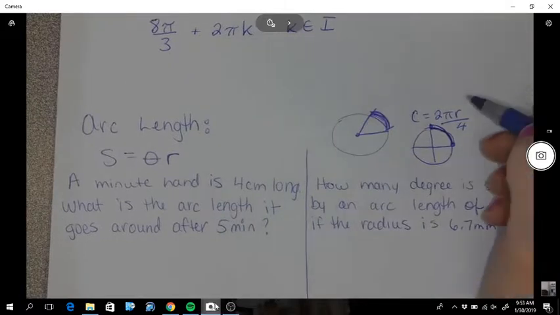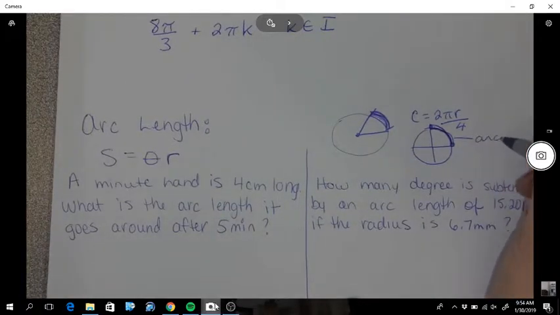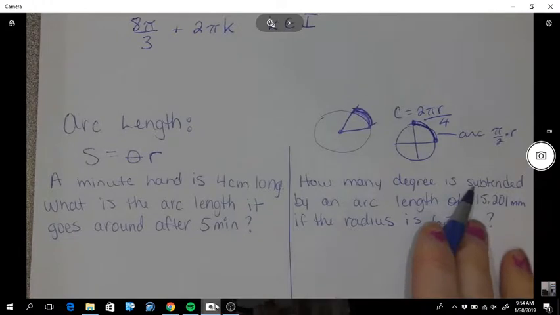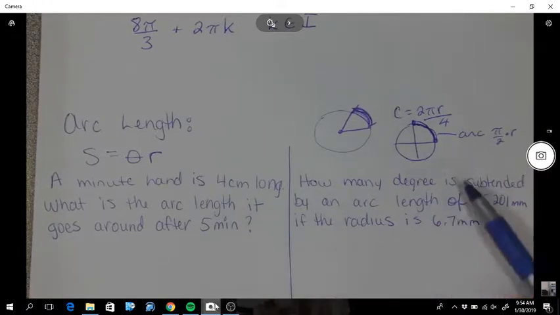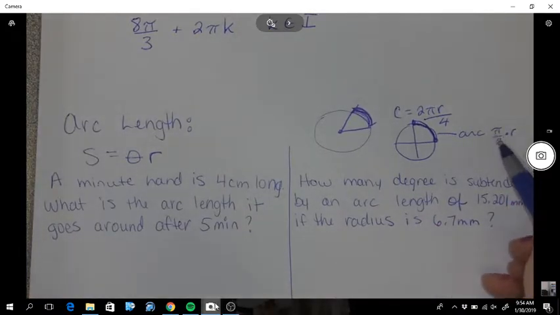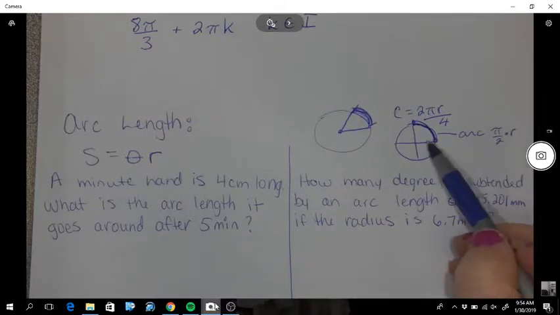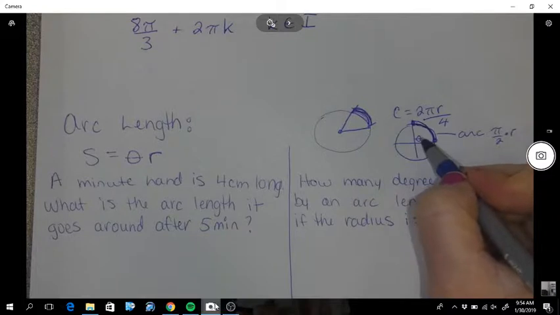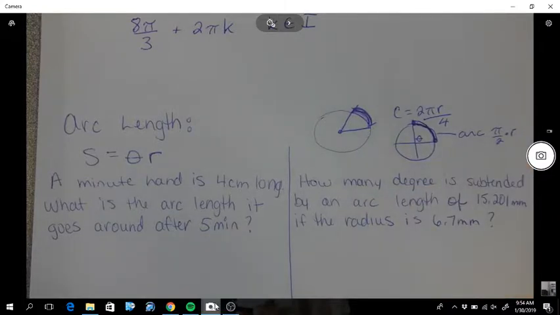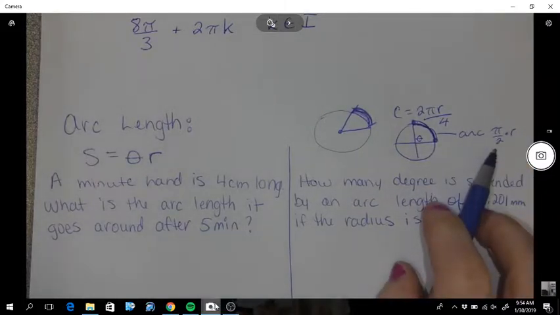So in other words, this arc length would be pi over 2 times your radius. Now it's neat to see that pi over 2 is equivalent to that angle. That's 90 degrees, pi over 2.